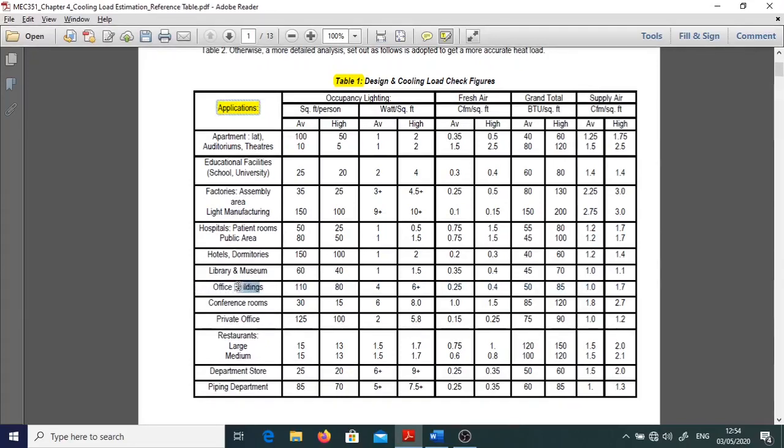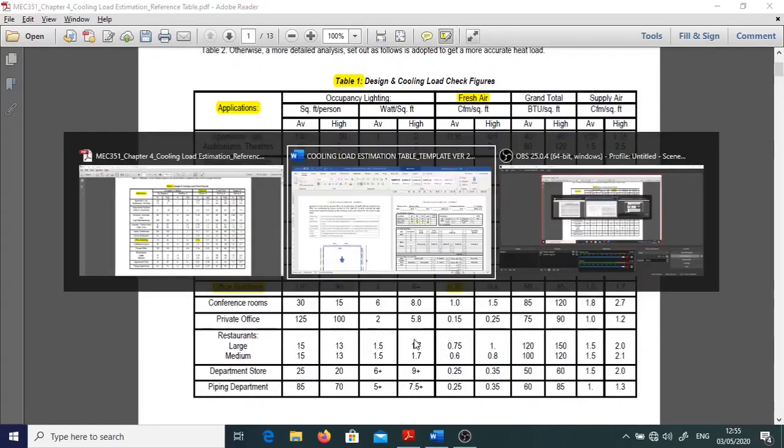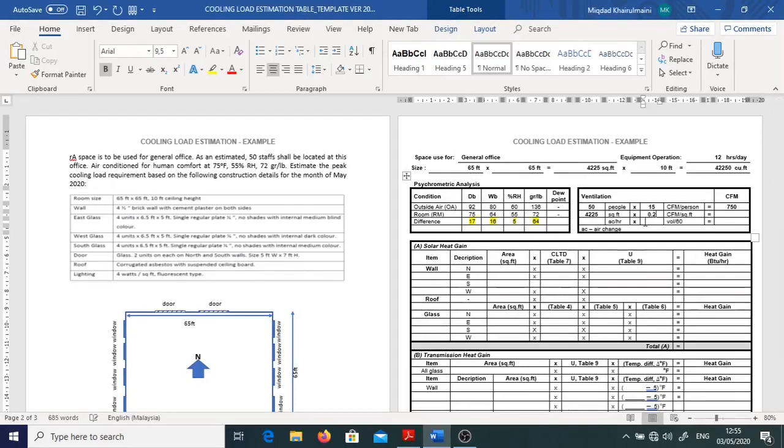Once we have selected the application, we will go to the fresh air column and read the average value. So the average value here is 0.25. So inside you will fill in 0.25 and we will calculate. This one we will get 1556.3. We can leave it at 1 decimal point.